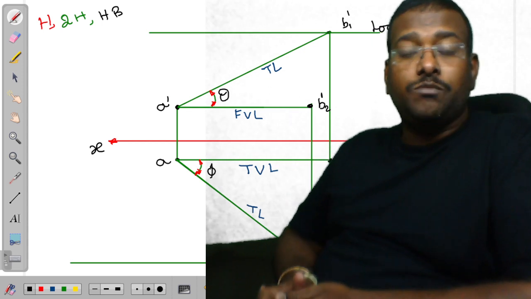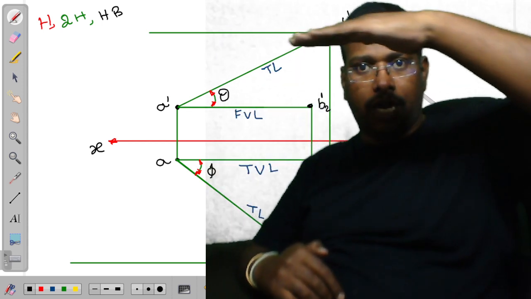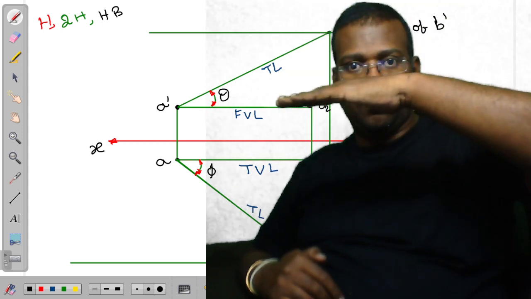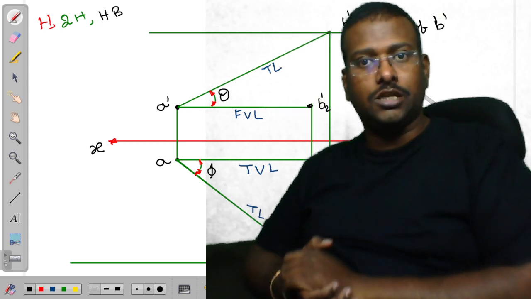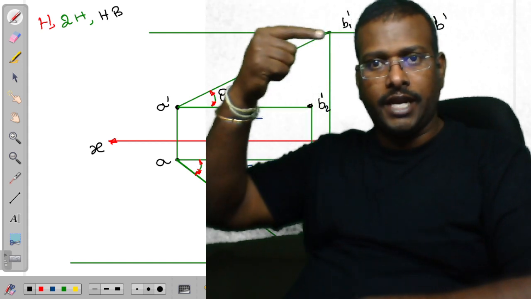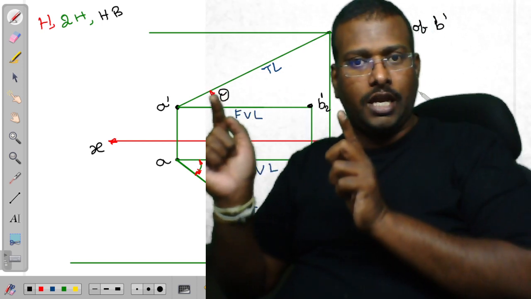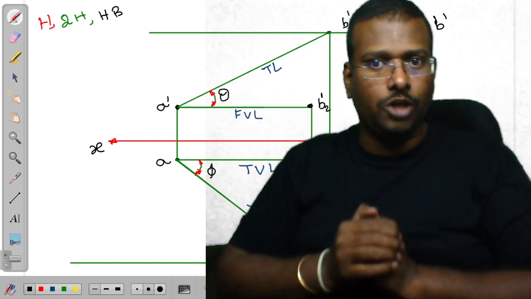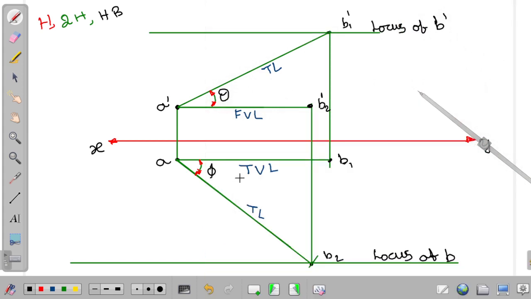But what is another observation? B should be at this height. It should not be below this B dash, and it should not be above this locus of B dash. The front view of B should always be at the locus of B dash, but the length should be A dash to B dash only. It should maintain that. Then how is it possible, sir? Just observe here.